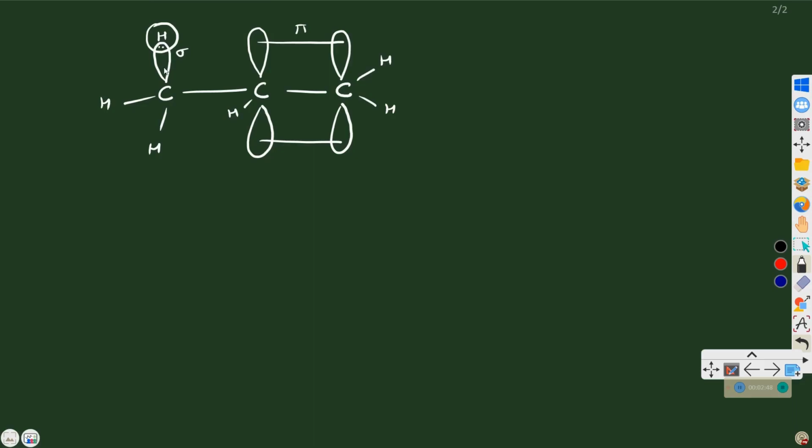When this sigma orbital, the sp3 hybrid and s orbital of hydrogen, is aligned with the p orbitals of the adjacent carbon-carbon bond, then what happens? These electrons are shifted here, and these 2 electrons, the pi electrons, are shifted onto the terminal carbon. It is shown something like this.